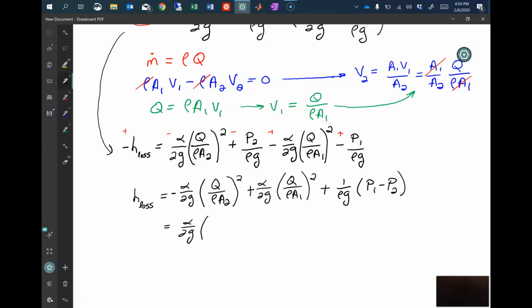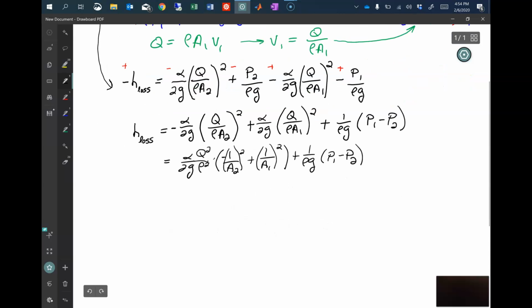It'll be Q squared times over rho squared, and I'm left with 1 over A2 squared, negative plus 1 over A1 squared. All right, so I think that'd be a little easier. Plus 1 over rho g, P1 minus P2.